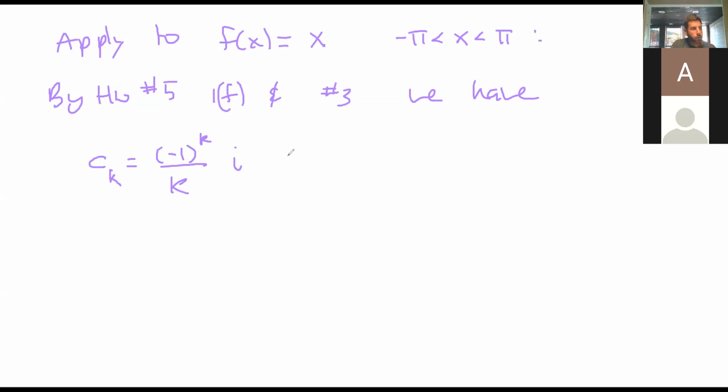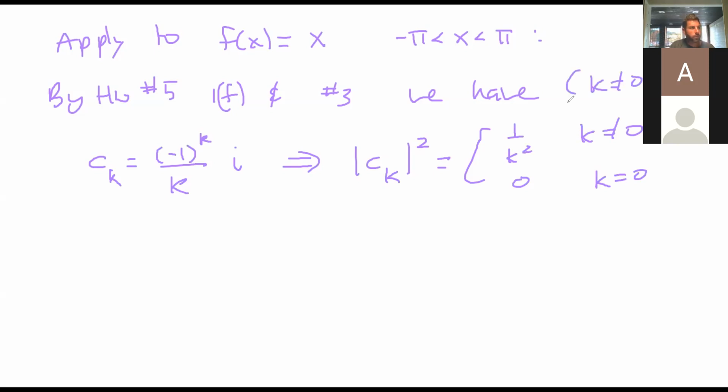If you take the absolute value of this and square it, you get 1 over k squared. This is what happens when k is not equal to 0. When k is 0, it's equal to 0. We should make that clear: when k is not equal to 0, that's the Fourier coefficient. Remember, C sub 0 is always 0, so we're fine with that.